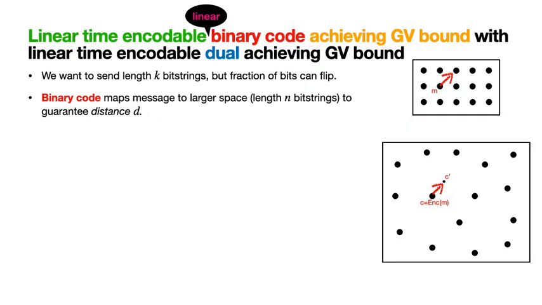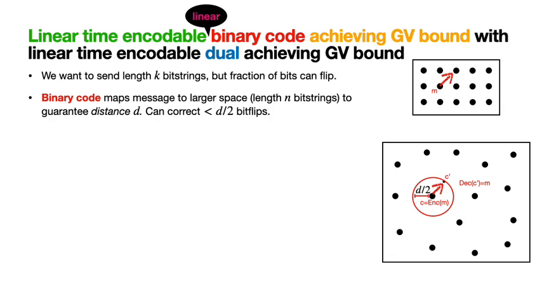Moreover, if we can guarantee that the distance, meaning the number of bit flips, between any of our valid encoded messages is at least d, then we actually have the property that if at most, in fact strictly less than d over 2 errors occurred, we can always correct the errors and recover the original message. And this is seen quite easily from this diagram.